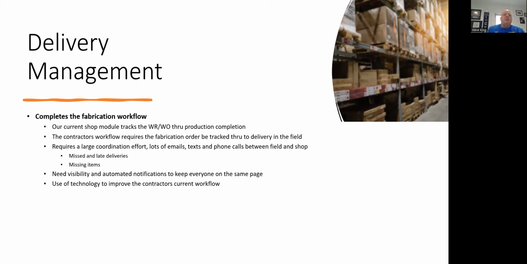We want to track it through to delivery complete so we can get a handle on missed and late deliveries, missing items, those types of things. It creates the visibility that's needed so that the field foreman knows when it's going to arrive, when it's scheduled to ship, and there's been collaboration between the manufacturing facility and the project itself.